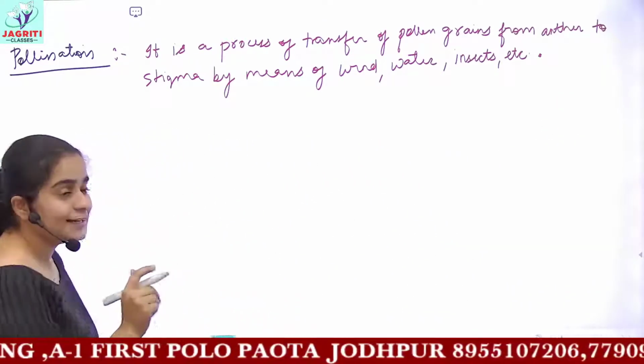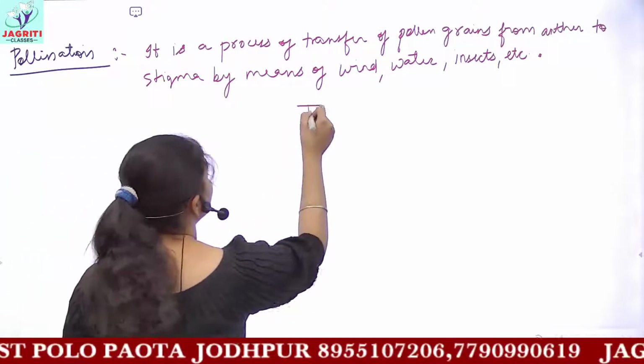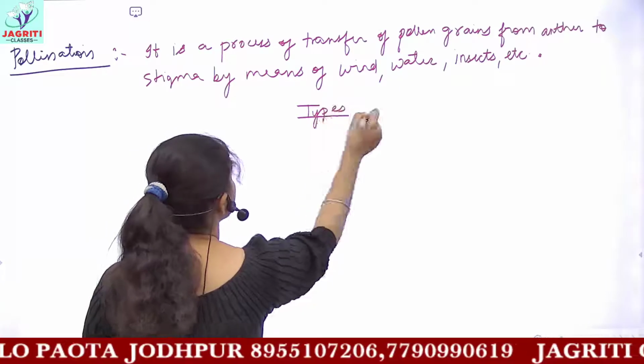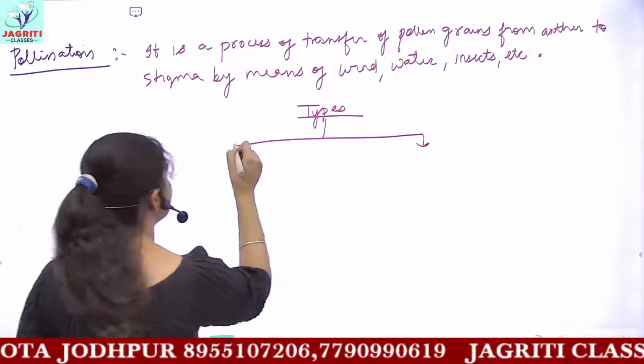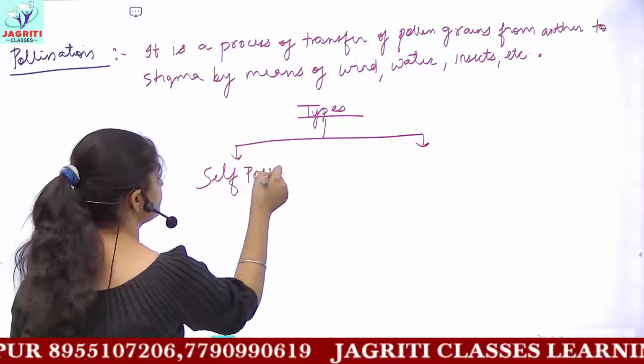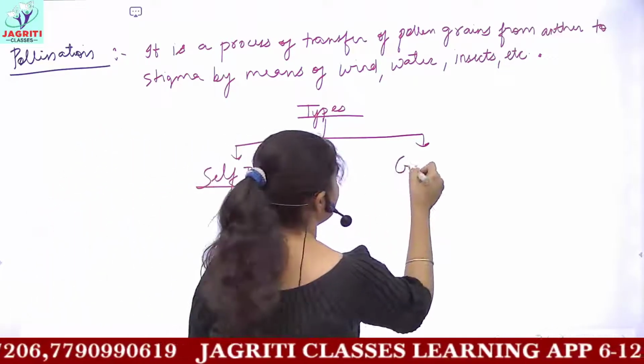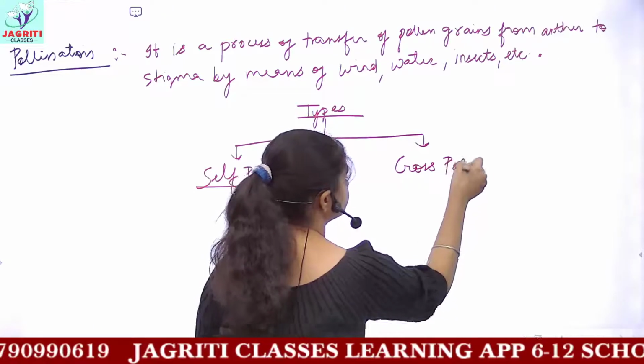Now this pollination can be of different types, that is, you have two types of pollination. The first one would be self-pollination, and the next one would be cross-pollination.